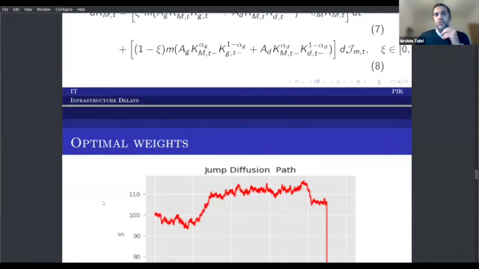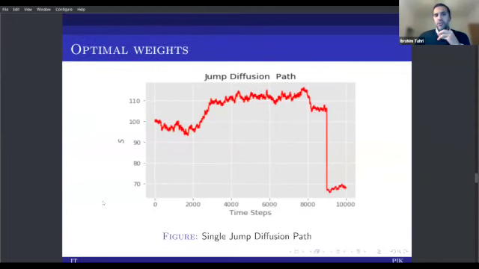Just for a simple illustration, what do I mean by jump diffusion process? You can think of it as a single path. You can have different paths, but what I'm showing here is that diffusion is what gives us these small oscillations, and the jump is when you have a shock, for instance a financial crisis or anything that affects the economy and hence the capital. You have a strong decrease in the value of capital.